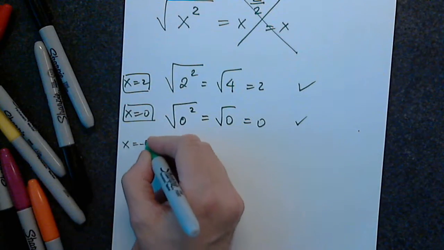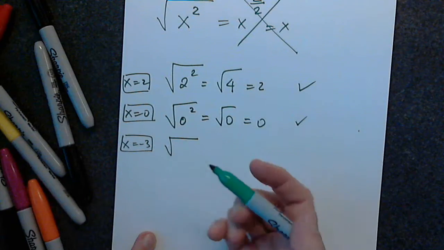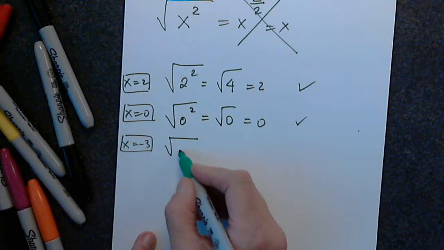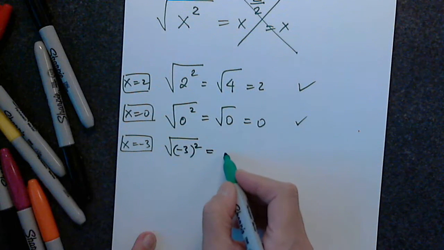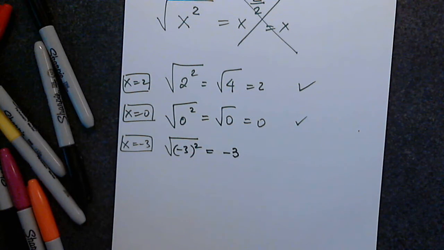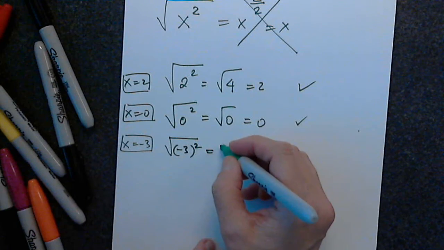Let's now say that x is negative 3. What should I write? Negative 3 squared. But remember, I cannot write negative 3. Is it a case of your parentheses being in the wrong place? Nope.